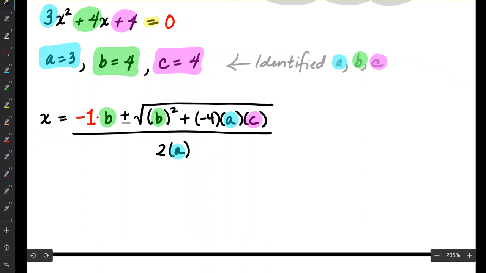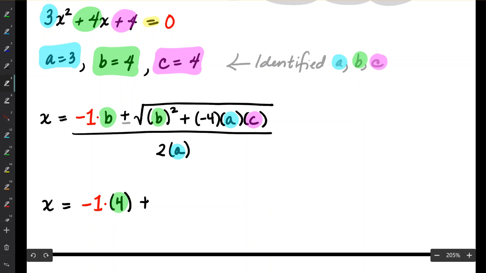All right, so I just made a little bit more space to fit this on the first page. X is equal to the opposite of b, that's a -1 times b, and b for us is 4. Plus or minus, feel free to just write the plus and sneak the minus in later if it's visually overwhelming. The square root of this whole thing, we've got to calculate that whole thing first before taking the square root.